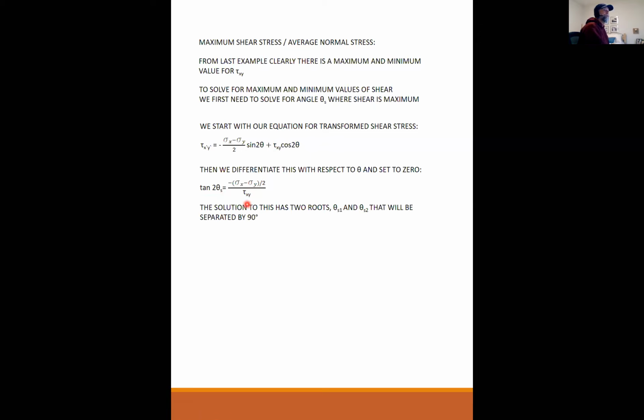The solution has 2 roots, theta s1, theta s2, separated by 90 degrees. Substituting back into our equation for transformed shear stress, we get our equation for tau max, which is the square root of sigma x minus sigma y over 2 squared plus tau xy squared.